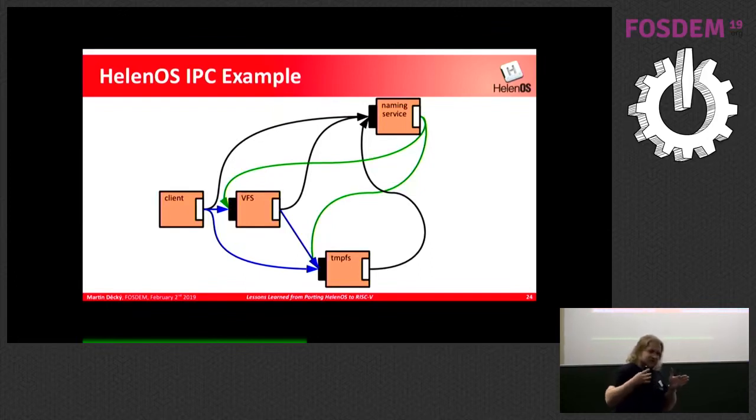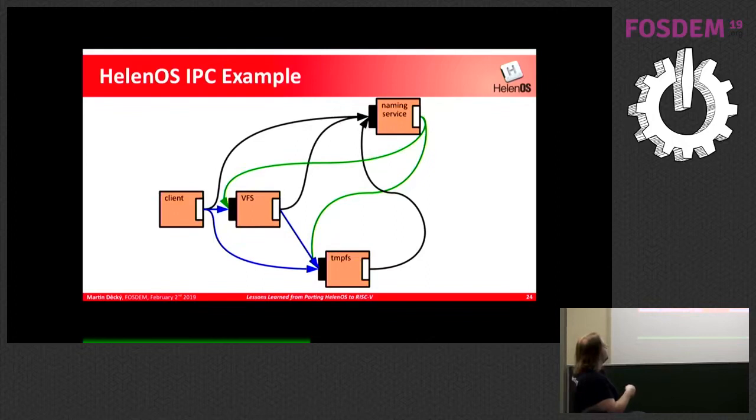But the overhead is still there because, for example, if you would like to run a single file system related operation such as open file or read a block of a file, in a microkernel multi-server design, you need to talk to some location or naming service. Then you need to talk to a virtual file system service.